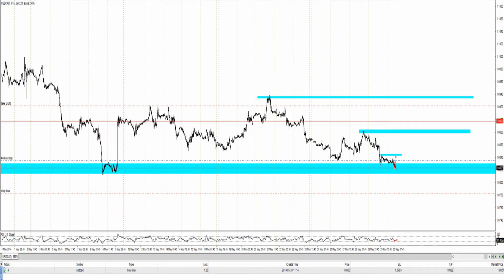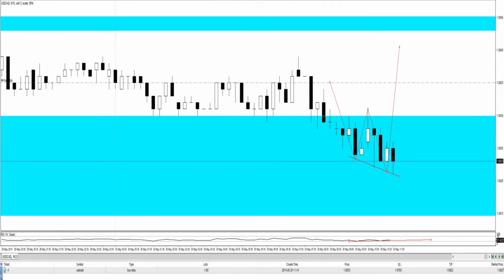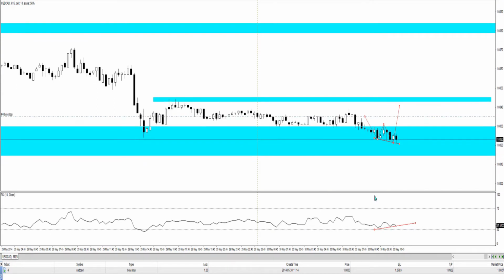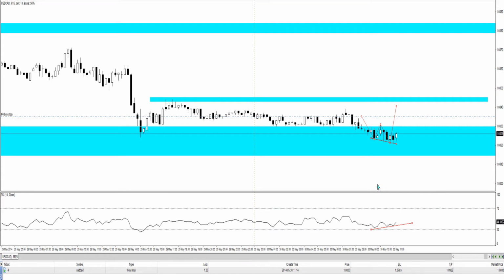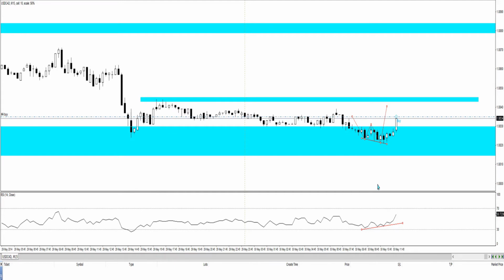Let me zoom in on this again and see what actually happens here. As long as the RSI remains divergent, that is still a valid entry. Let's see what happens to this trade. We are still divergent, our entry is still there.